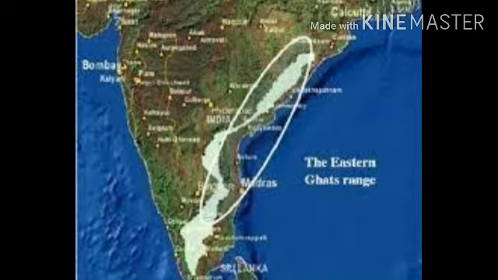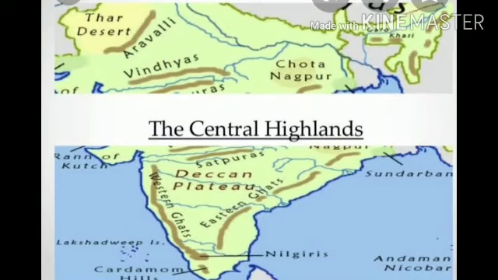The Eastern Ghats are a discontinuous or irregular range, dissected by rivers draining into the Bay of Bengal. So we have seen the Western Ghats are a continuous range, but the Eastern Ghats are not continuous. They are dissected by rivers.